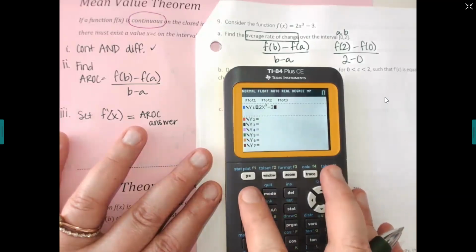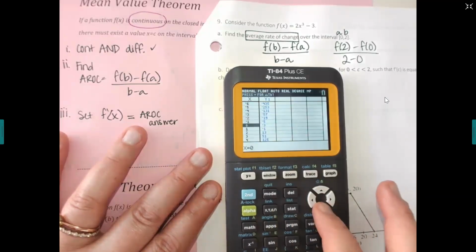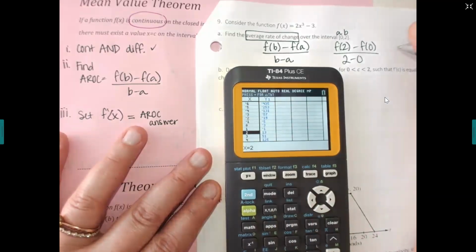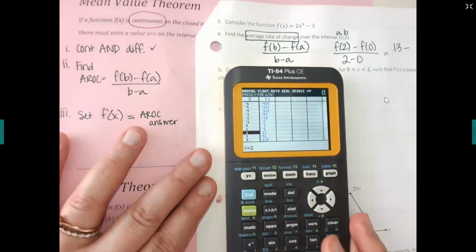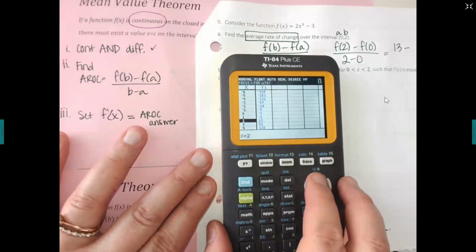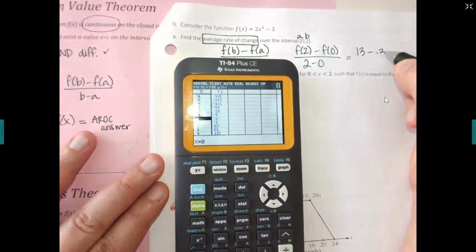So second graph, and I'm looking for f of 2. So 2's partner is what number? Okay, 13, minus f of 0, which will be whatever 0's partner is. What's 0's partner? -3. And then over 2 minus 0.